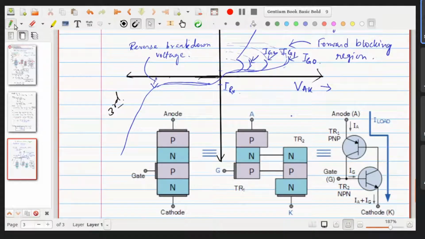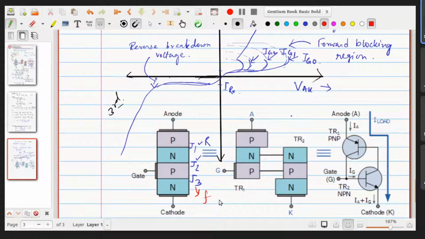Just now we have observed that these are our junctions J1, J2, J3. If a negative voltage minus VAK is applied between the anode and cathode of the SCR, then junctions J1 and J2 are going to become reverse biased, and J3 is going to become forward biased.